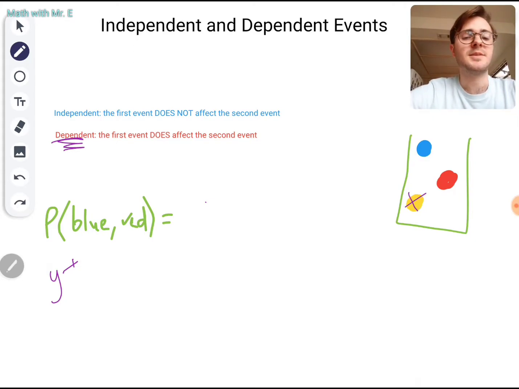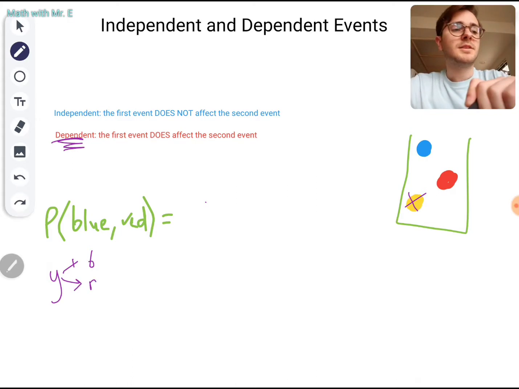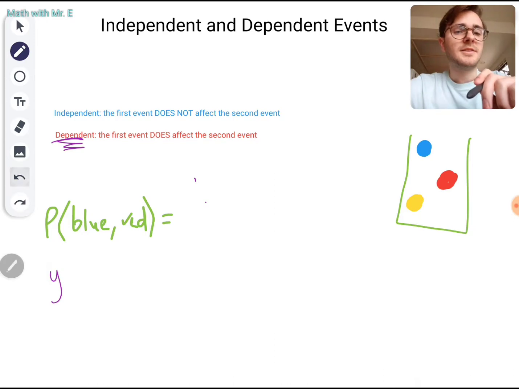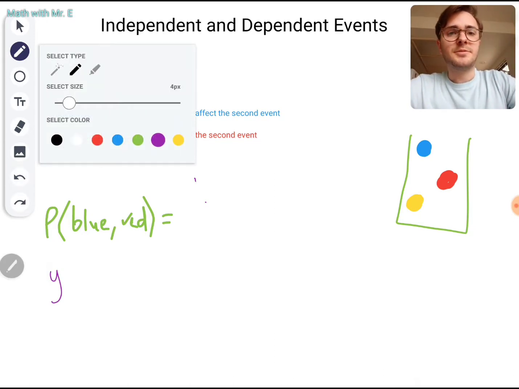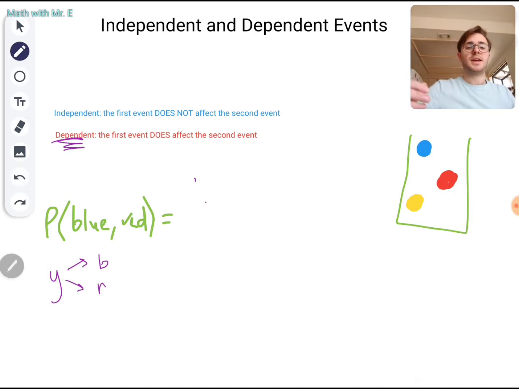So the second time that I draw a marble out, I could either get blue or I could get red. Those are my only two options, yellow and then blue or red. Let's go ahead and get rid of that X on our yellow guy. So we could have yellow and then blue, or yellow and then red. Okay, and I do apologize.